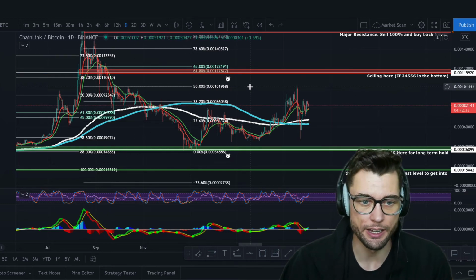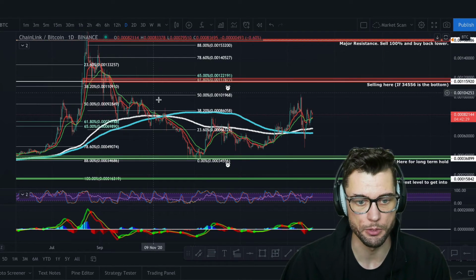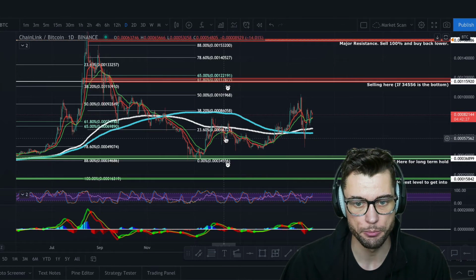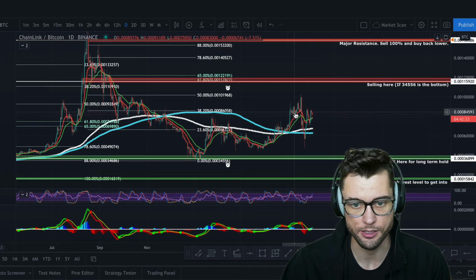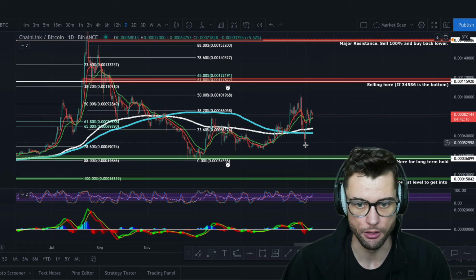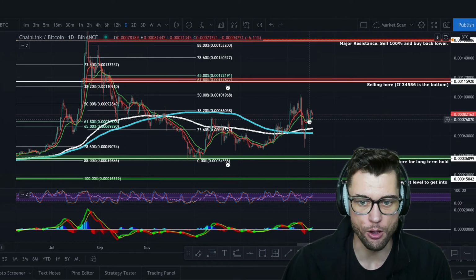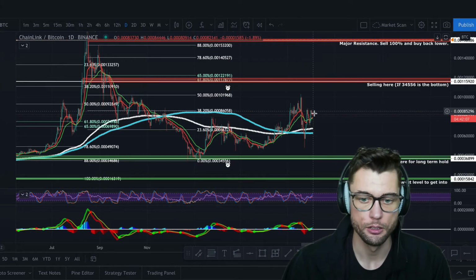So anyway, looking at this, it hit the 50%. Let's say it came all the way down, retraced back up to the 38.2, had some consolidation, popped up to 50% real quick, and then bam, slammed all the way back down. Then it got rejected off the 38.2 once, and rejected off the 38.2 again.